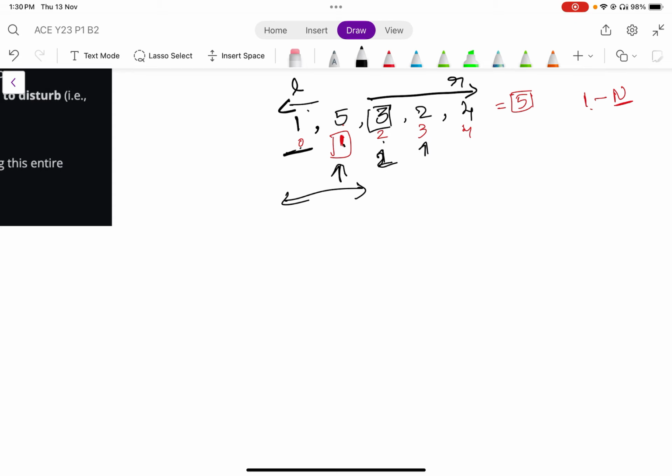If you consider this third person as well, the index is 3. How many people are present on the left side? Exactly 3 people. As the array index starts from 0, it helps me: for the person who sits at index 3, 3 people will be present on the left. So the index is directly giving the answer for who is present in the left direction, right?